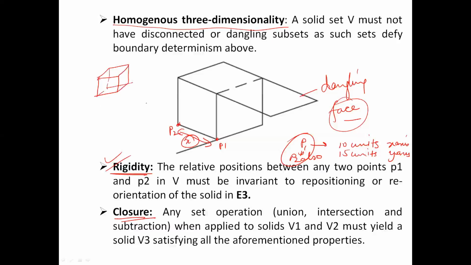How do you check that closeness? I'll explain that later. But closeness is basically defined as: when two solids are being merged together by a union command or addition command, any command that you want to do, or when they are being cut from one another, the properties of the solid should not change. So that is what we call closure.